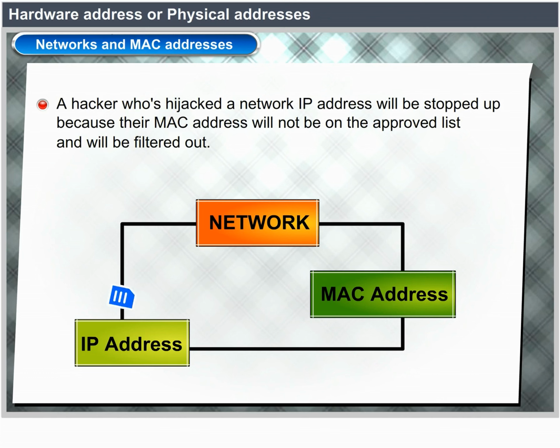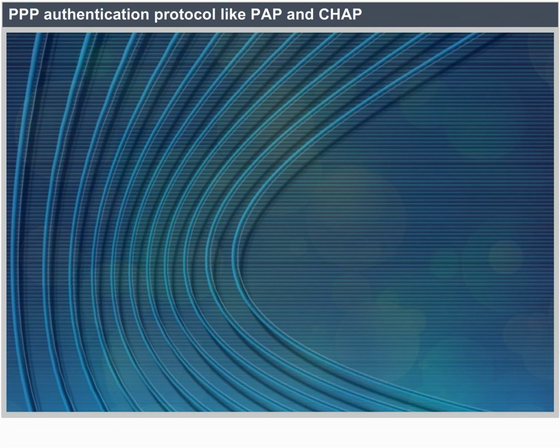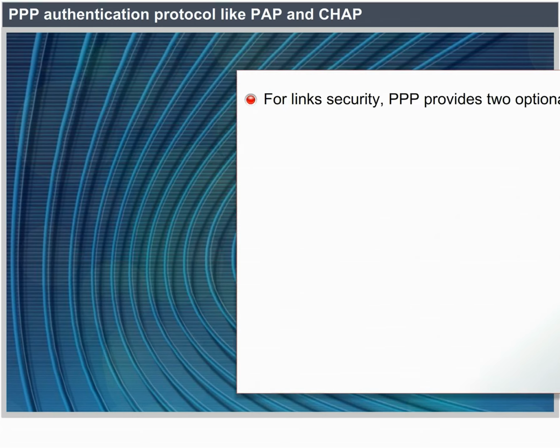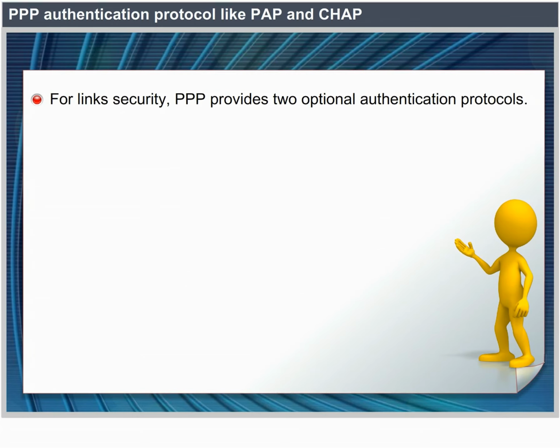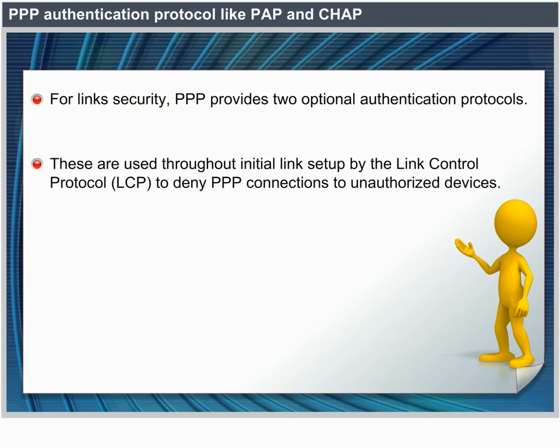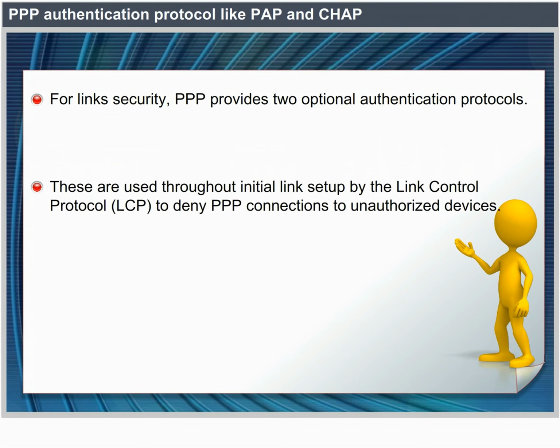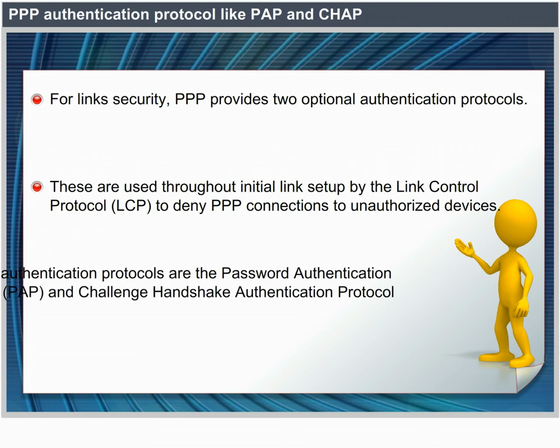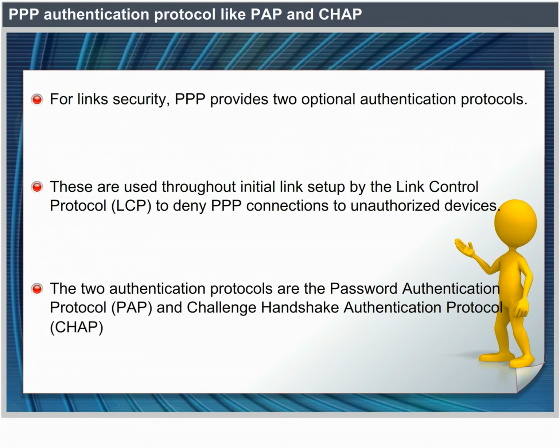PPP authentication protocols like PAP and CHAP. For link security, PPP provides 2 optional authentication protocols. These are used during initial link setup by the Link Control Protocol or LCP to deny PPP connections to unauthorized devices. The 2 authentication protocols are the Password Authentication Protocol or PAP and Challenge Handshake Authentication Protocol, that is CHAP.